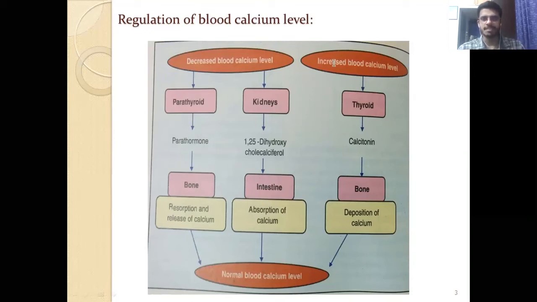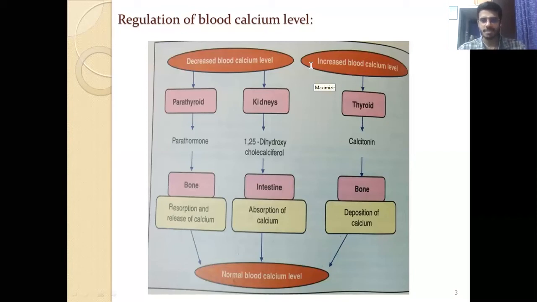The duct arising from the pancreas is called? Wirsung's duct. Very good. Wirsung's duct combines with the common bile duct to form what? Ampulla of Vater. What's the other name for the accessory pancreatic duct? Duct of Santorini. Very good. What's the duct arising from the gallbladder called? Cystic duct.